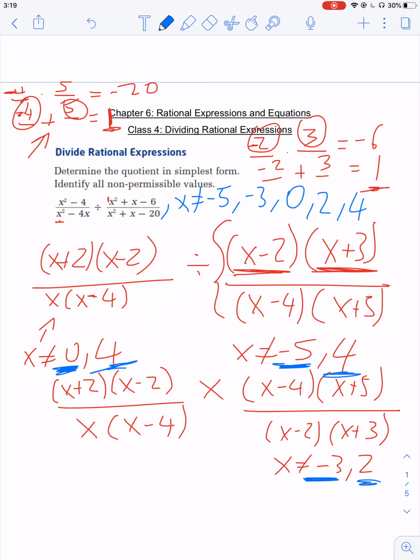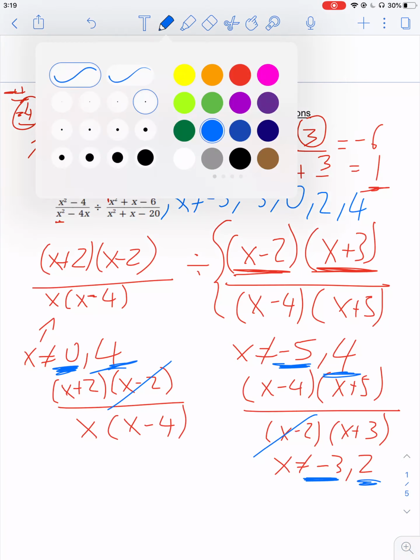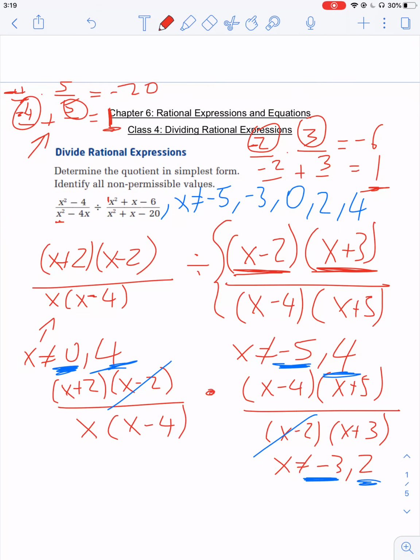And now all you have to do is just get rid of the common terms, right? So I have an x minus 2, x minus 2. Just be careful, okay? If it's really bothering you, why don't you just put a dot, because that was not an x. That was a multiplication. So maybe just use dots moving forward.